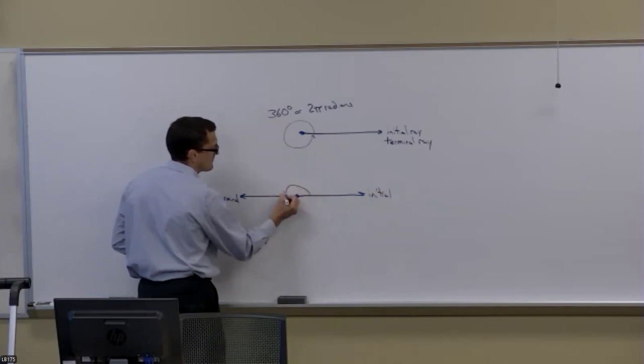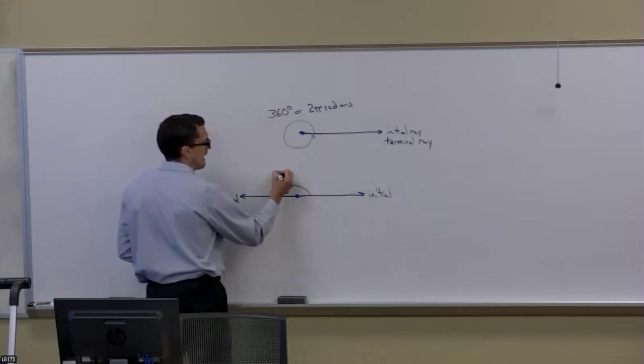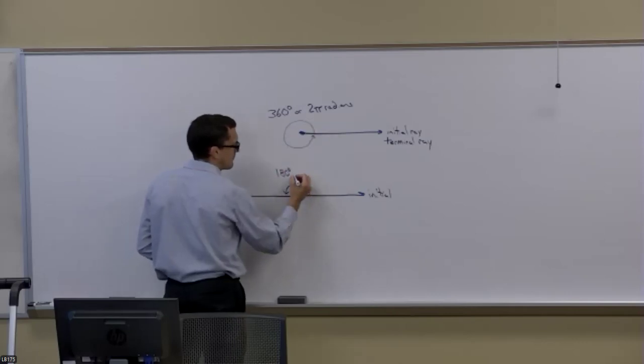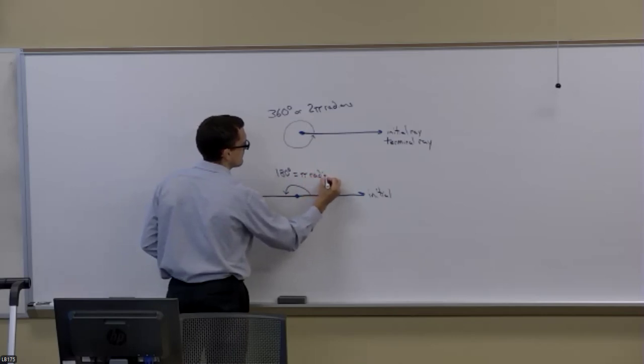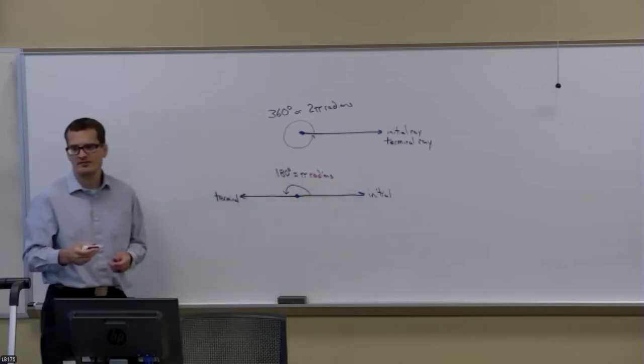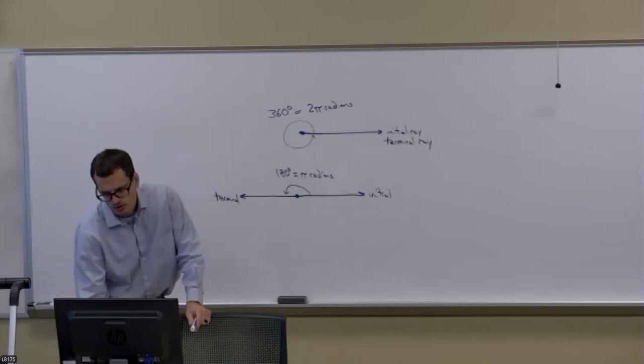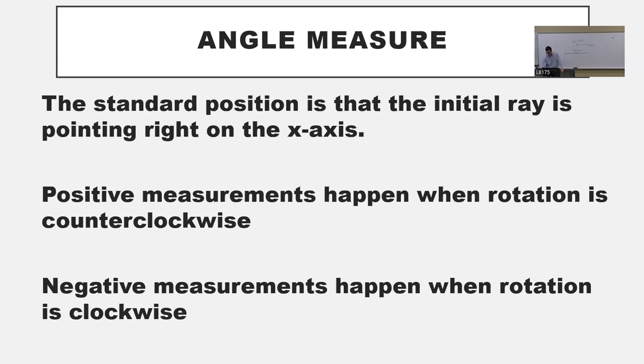Since that's a half of a circle, that would be 180 degrees or pi radians. Does that make sense? And then a quarter of a circle would be 90 degrees or pi over 2 radians, and et cetera, et cetera. Okay.